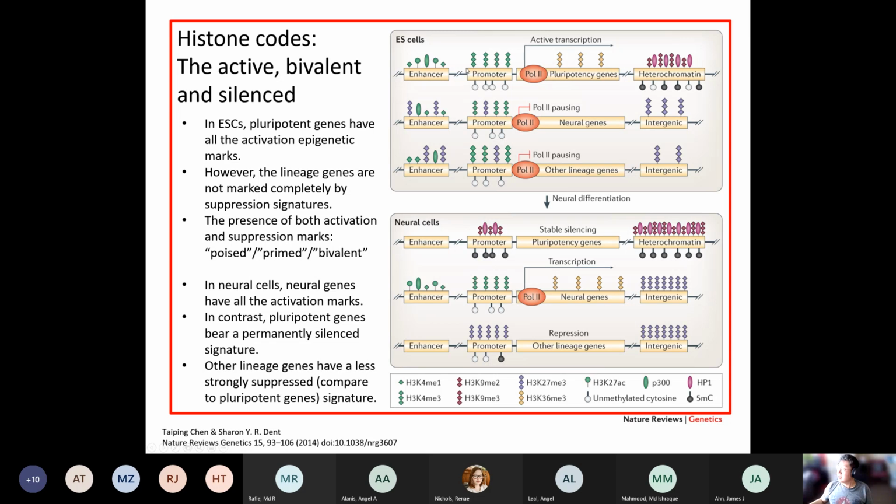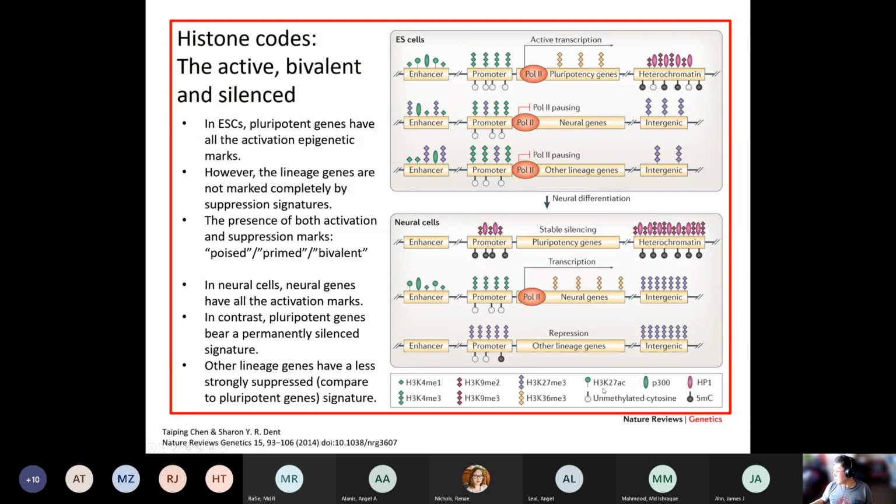Now let's move on to beyond the promoter. We go to the enhancer. Enhancers are another regulatory region of the same gene. As you can see here, the enhancer has K4 methylation 1. That means just one methyl group. Not like trimethylation, where you have three methyl groups. Here it's methylated by just one methyl group. You have K4 methyl 1.